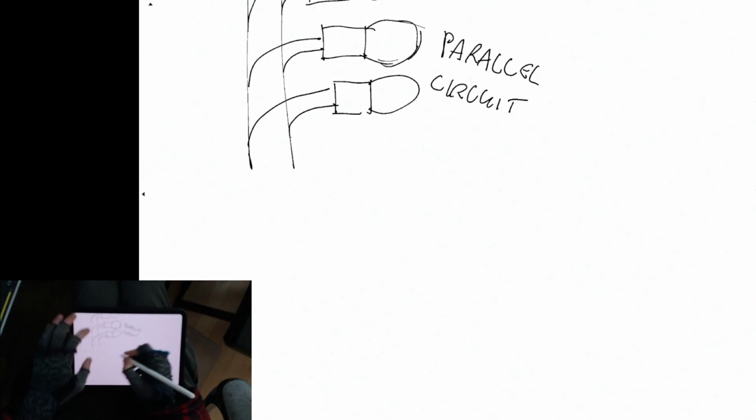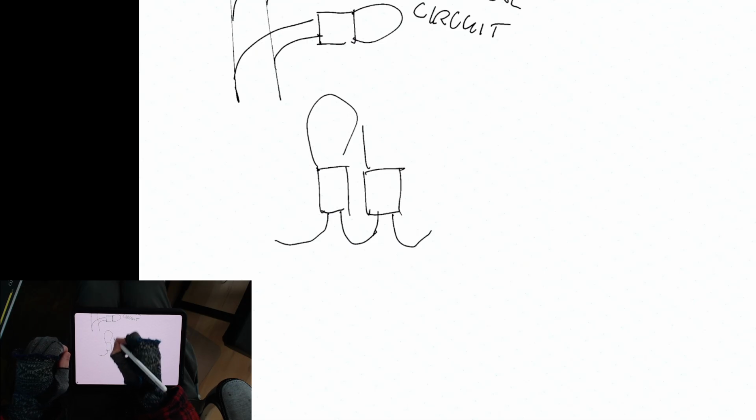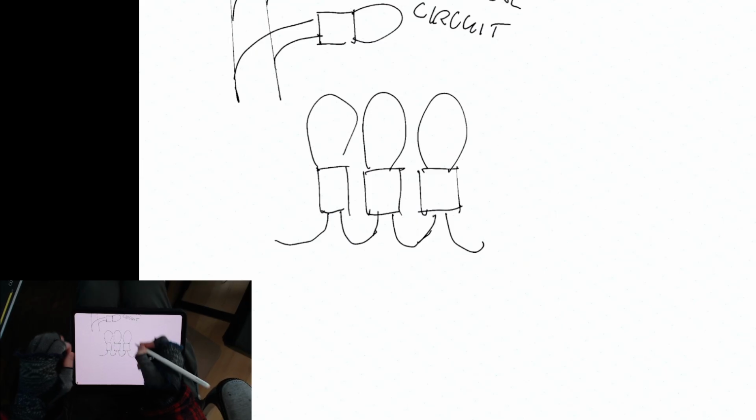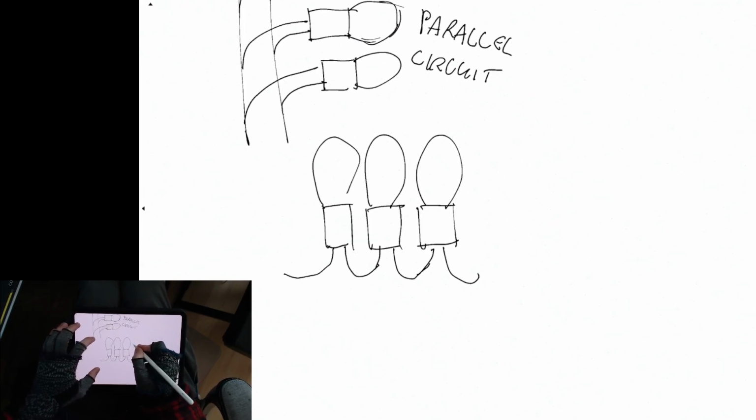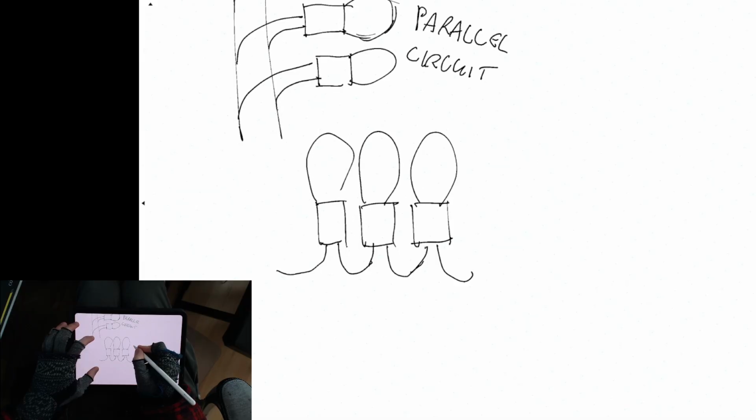And then a series circuit is like Christmas lights. This is where you have something like this, where you have one going up like that, and then the next one goes like this, and the next one goes up like this, and so on, right? So the thing about functional design is we don't care how things look.